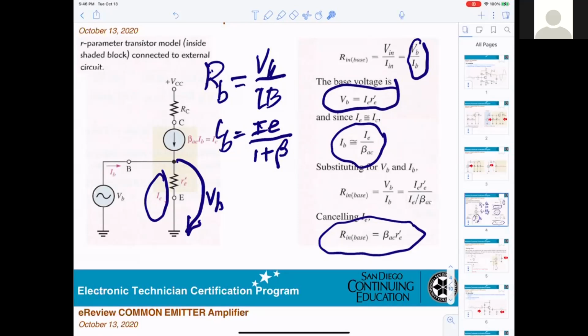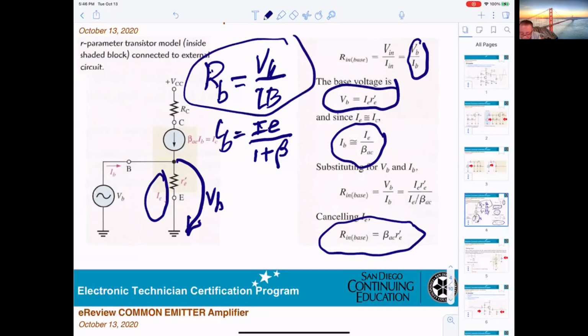So that means there are two formulas to find R in base. One in terms of voltage over current, VB over IB, the very first formula, which is just the basic. VB divided by IB, and they already tell you what VB equals.